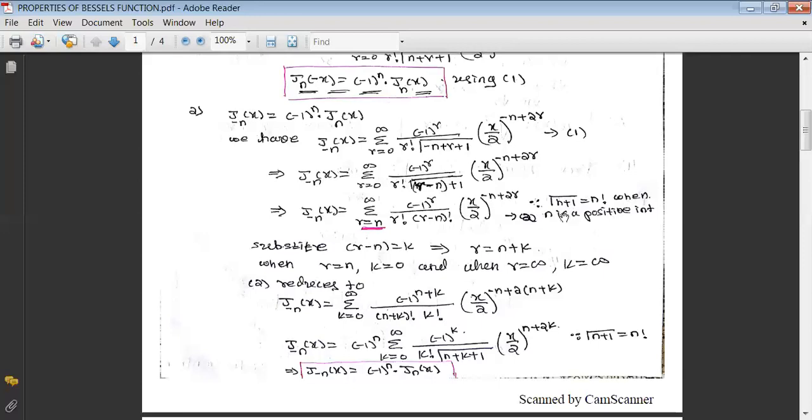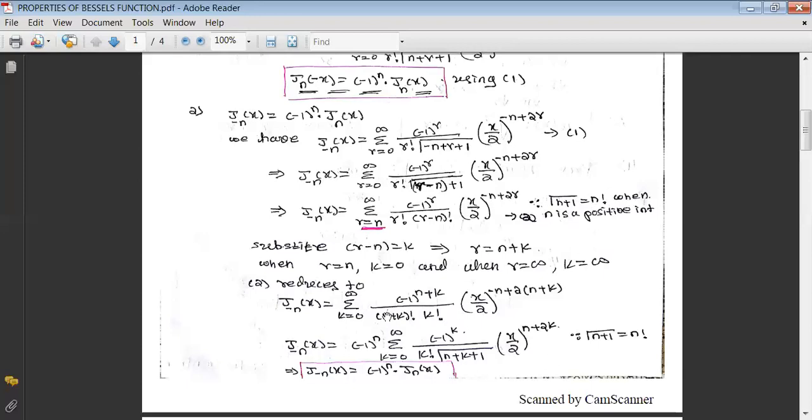Already we have used one particular result from gamma functions: gamma n plus 1 can be written in terms of factorial. That means a gamma function can be written in terms of factorial by subtracting 1 and putting the factorial sign, and again this factorial can be converted into gamma by adding 1 and putting it in the gamma sign, when n is a positive integer.